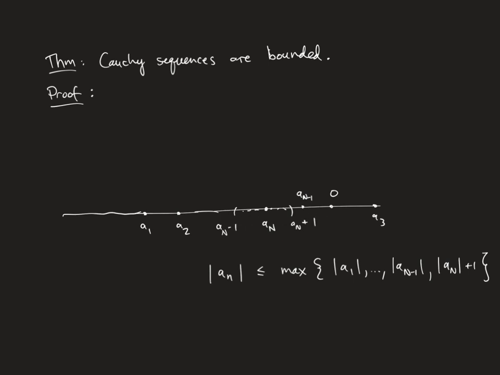So first, we'll say that all of our sequence past the capital N point is within 1 of a sub N. Because our sequence is Cauchy, there is an N in the natural numbers such that when m and n are bigger than or equal to that capital N, this implies that the absolute value of a sub m minus a sub n is less than 1.